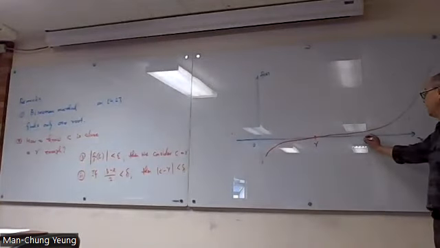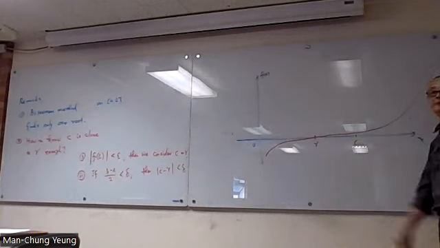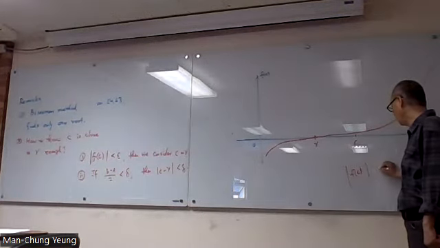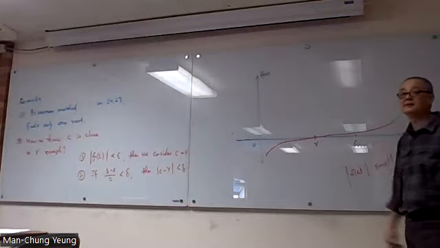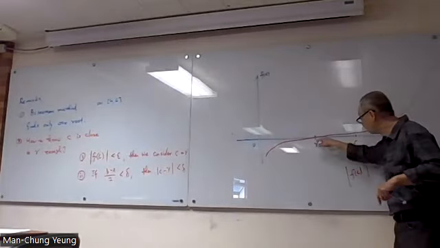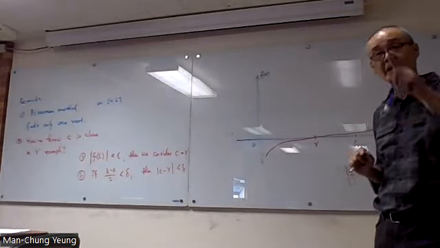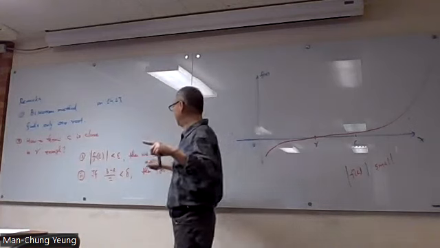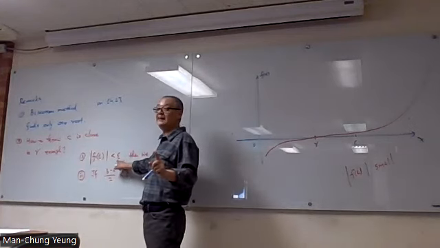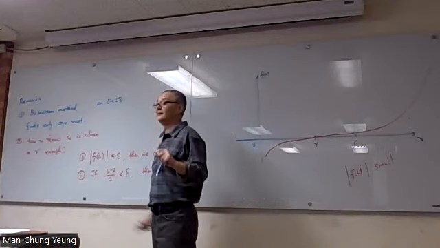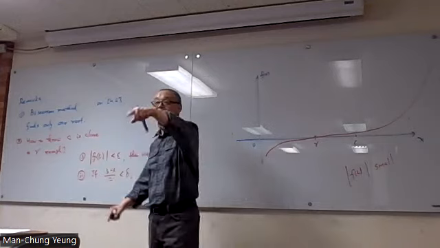Suppose C is here, quite far from the root, but the function value at C is small in absolute value. The function value is small in absolute value, but C is far from the root. So in some extreme cases, this doesn't guarantee C is close enough to the root.